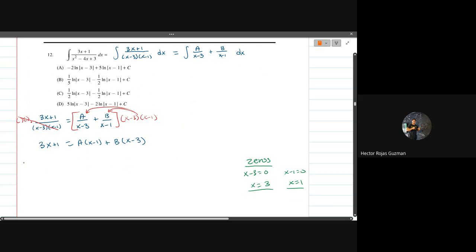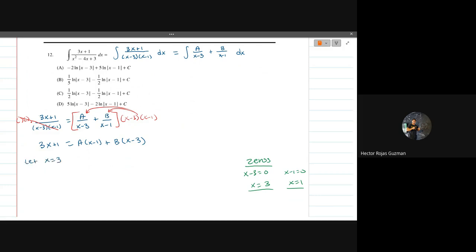So what happens when you plug in x equals 3? Well, we're going to get 9 plus 1 is equal to A times 2 plus B times 0. This becomes 10 is equal to 2A, which means A is equal to 5.